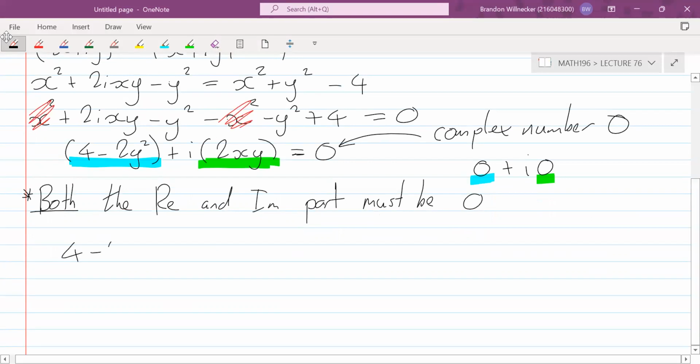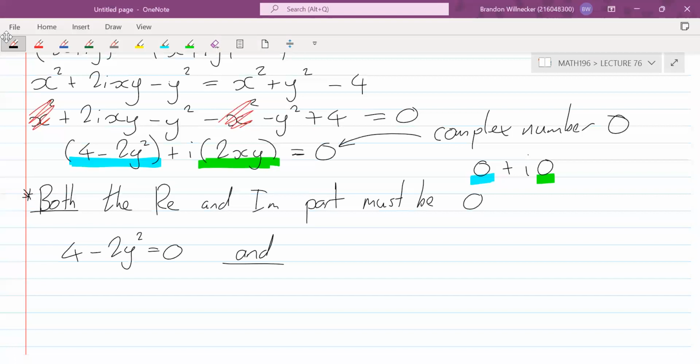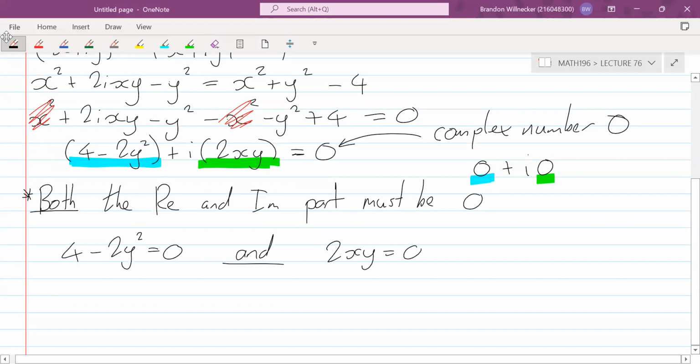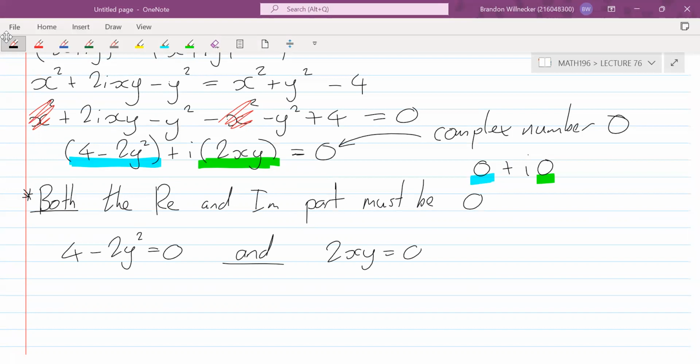So we're going to have 4 minus 2y squared is equal to 0. And because we said both parts, so we have an and there, the imaginary part is also 0. So 2xy must be 0.